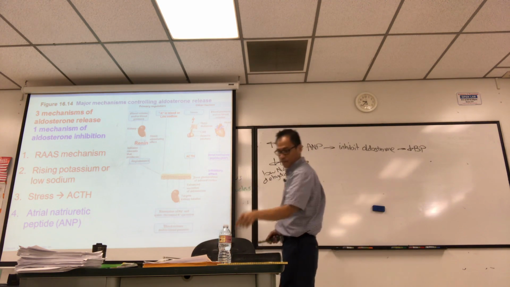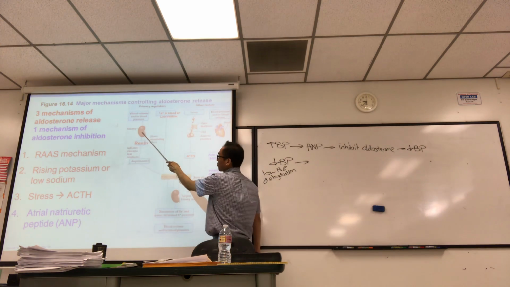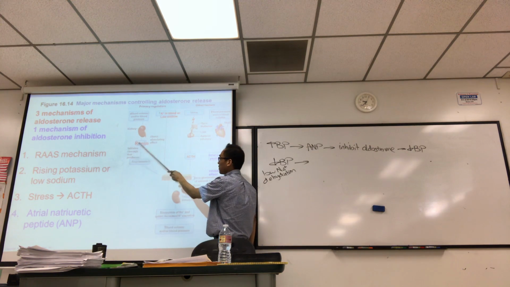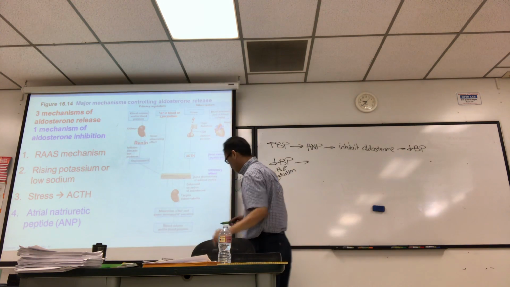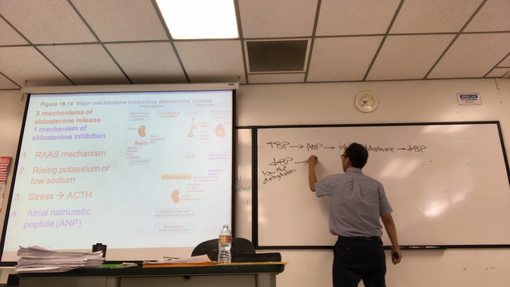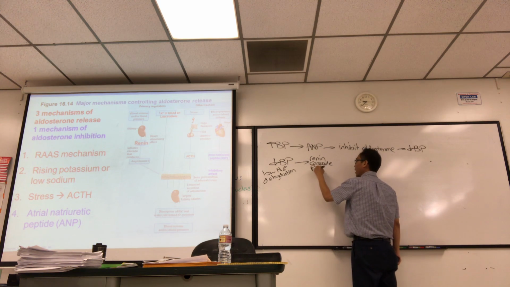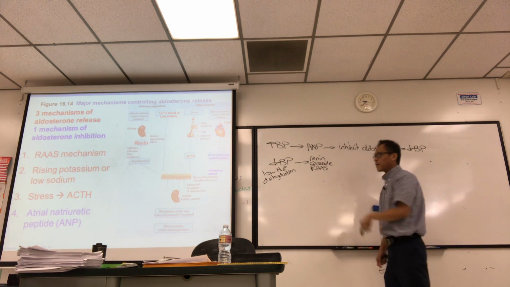There's a renin. The kidney can release renin. There's a cascade effect I want you to know. That can lead to aldosterone. I'm going to call it RAAS. I'll define that later.